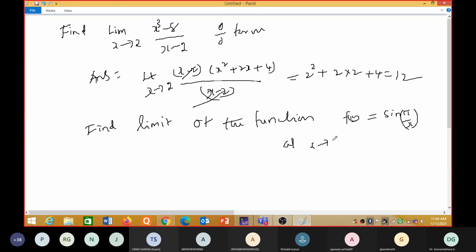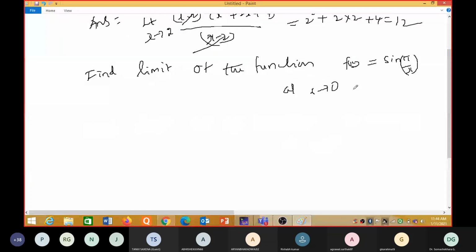What is the limit value of this when f of x is equal to sin pi by x when x tends to 0? Anybody knows the answer?